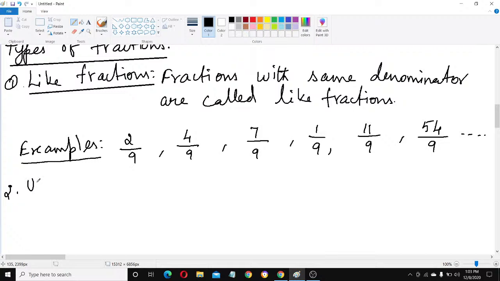Now second definition, unlike fractions. Which are called unlike fractions?